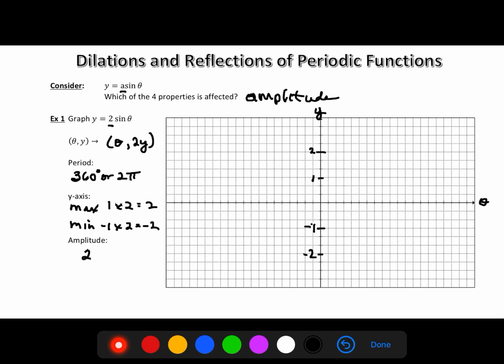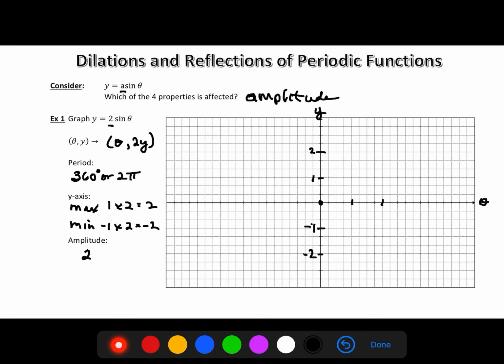Again, a stretch is also going to stretch that amplitude. So on our theta axis, we're not told to graph 1 cycle, 2 cycles, anything. So we're going to actually graph 2, one in the positive side of theta, one in the negative side of theta.